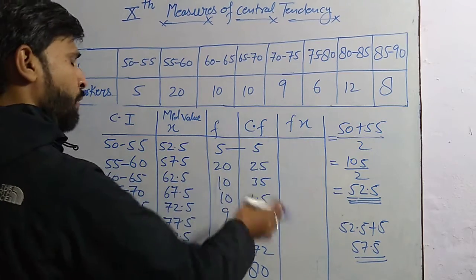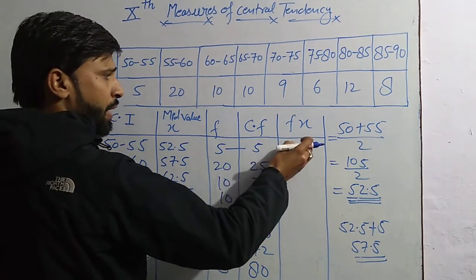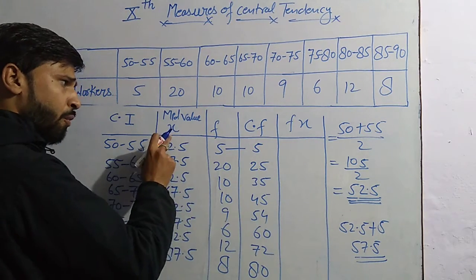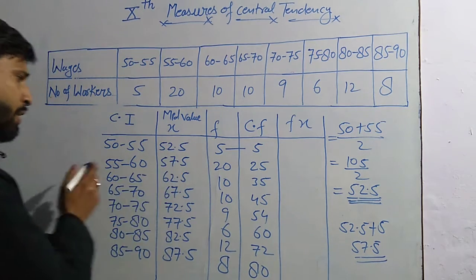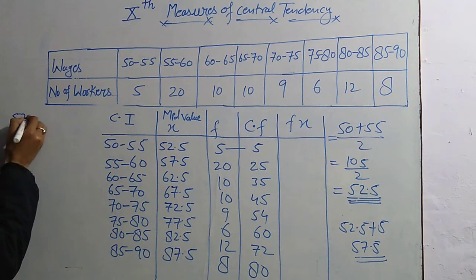Now we have to find the value of fx. fx means mid value multiplied by frequency. Here the mid value is 52.5.